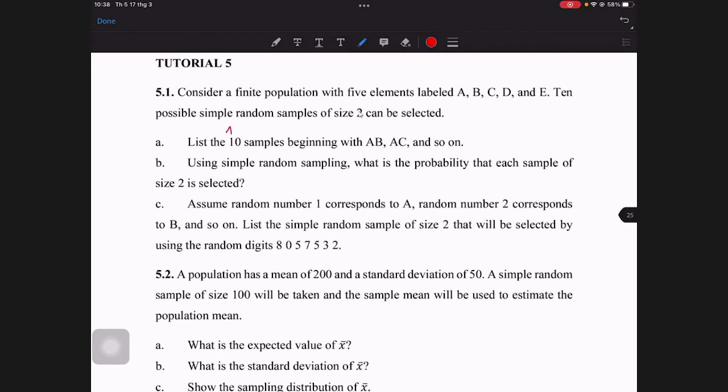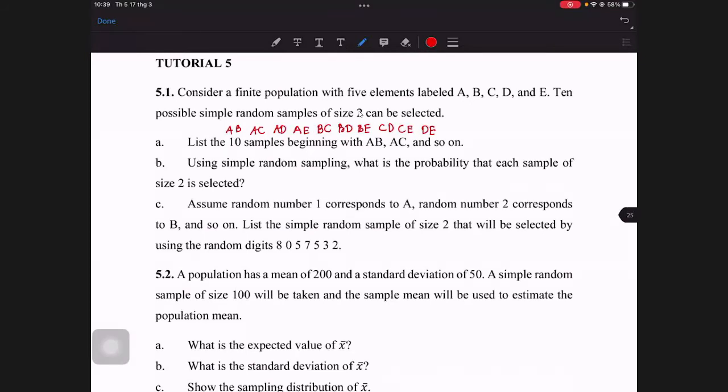So we have AB, AC, AD, AE. Then for B, we have BC, BD, BE. For C, we have CD, CE, and for D, we have DE. Those are the 10 possible random samples of size 2.